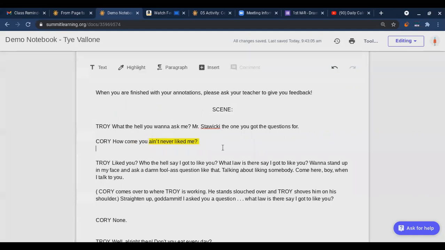So not only are we going to highlight, but then maybe I'll make a little note right next to it where I say, after I get rid of my highlight here, this phrase implies that Troy, as a character, seems how?